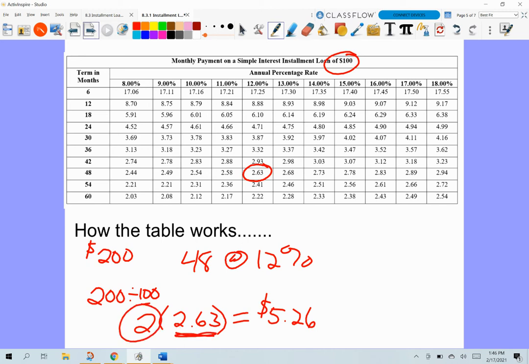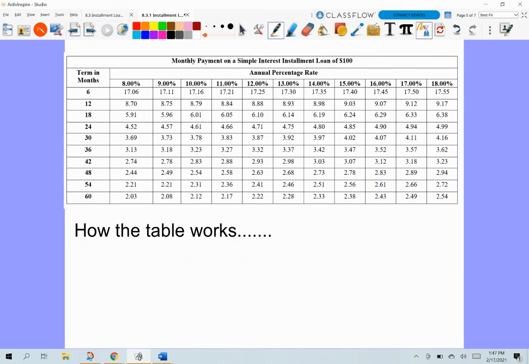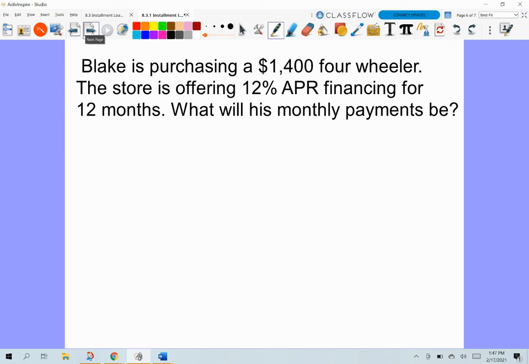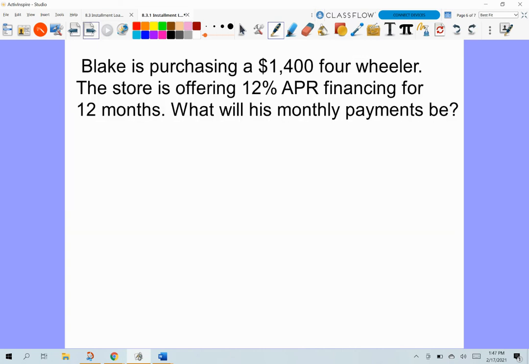Let's actually do an actual problem here. Let me clear this out again. Blake is purchasing a $1,400 four-wheeler. The store is offering 12% APR financing for 12 months. So I need 12%, 12 months out of my table. $8.88. Okay, so Blake's $1,400, we're going to divide that by 100.